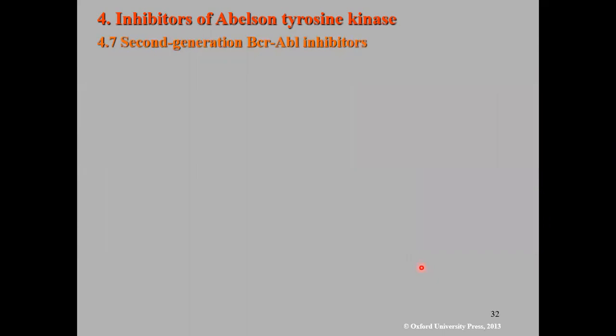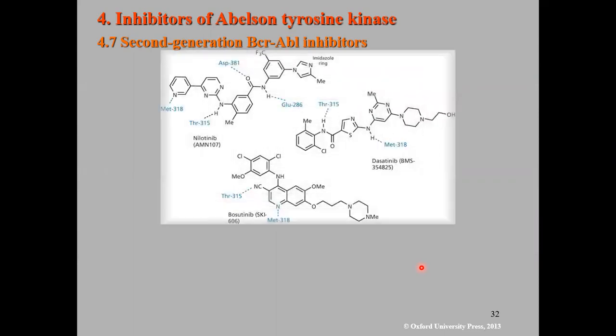We talked about imatinib, so how about the second generation BCR-ABL inhibitors? All right. Like the nilotinib, the dasatinib, and the bosutinib. Okay.